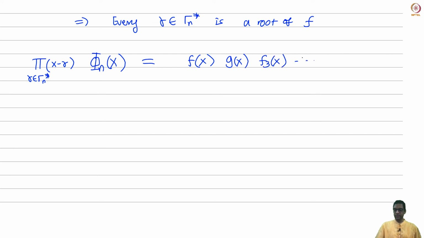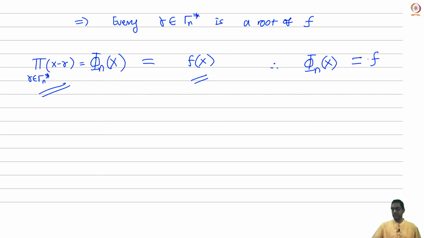But what we have just proved is that all these roots are roots of f of x itself, which means that none of these other factors could have existed, right? Everything is already a root of f of x. Therefore, and remember, f was irreducible, it was the first irreducible factor, we have shown what we claimed, that phi n of x is f, and therefore is irreducible. Okay.